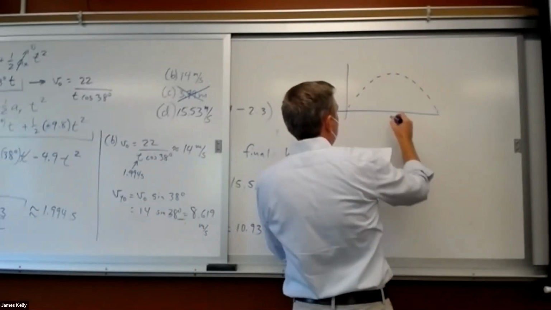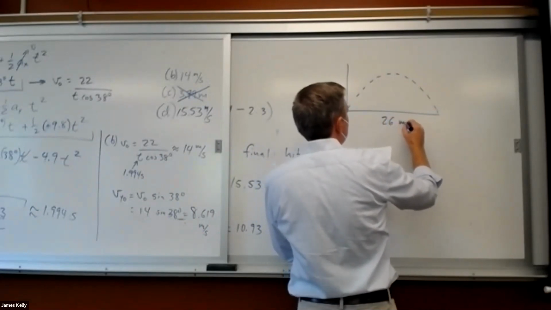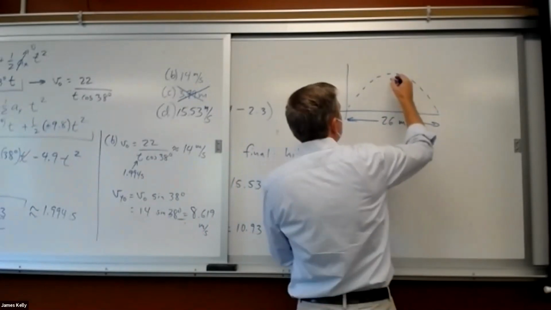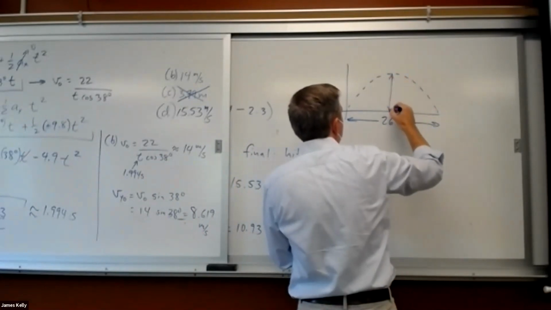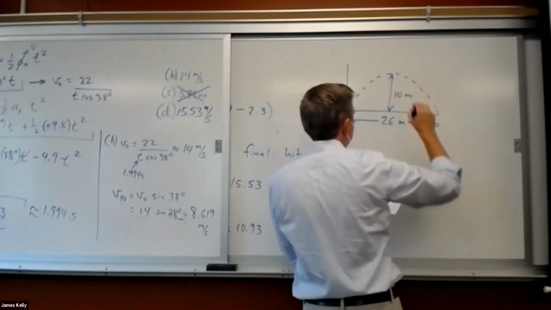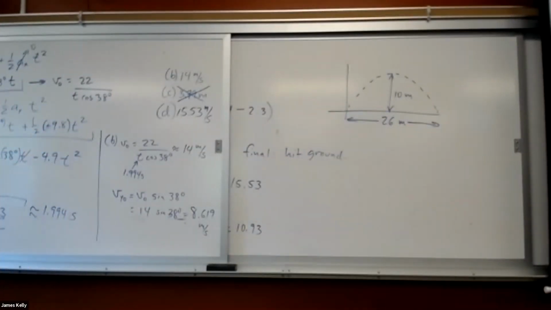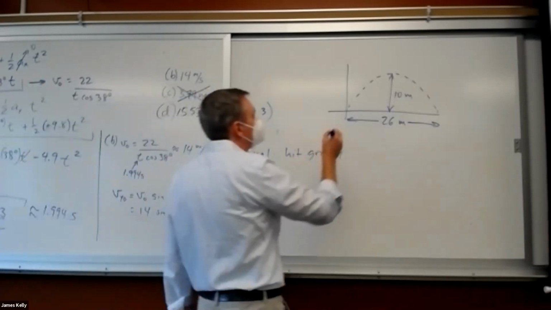We're told that it goes a total distance of 26 meters from the kick to the point where it hits the ground, and that its maximum height above the field is 10 meters. The question is, first, how much time is it in the air, and second, at what angle was it kicked?